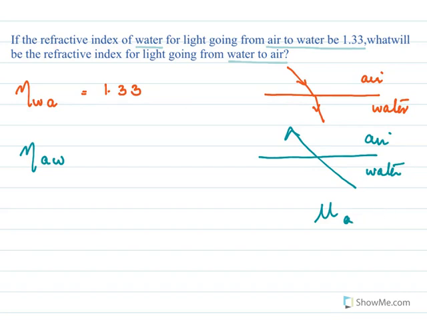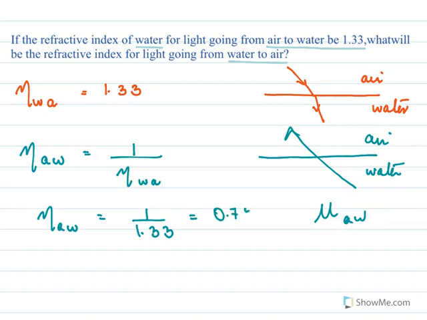So in this case, air with respect to water, and that you know is 1 over a refractive index of water with respect to air. So refractive index of air with respect to water equal to 1 over 1.33. The answer here is 0.75. The refractive index of air with respect to water.